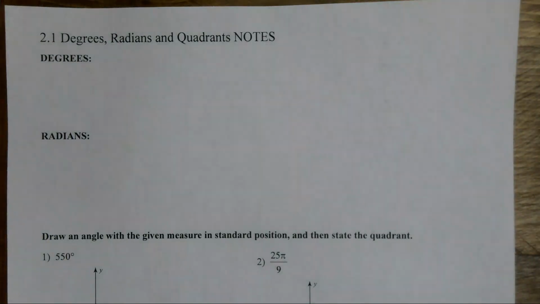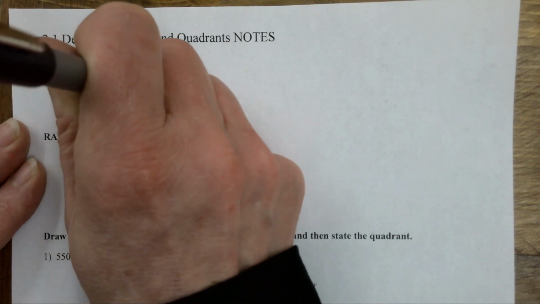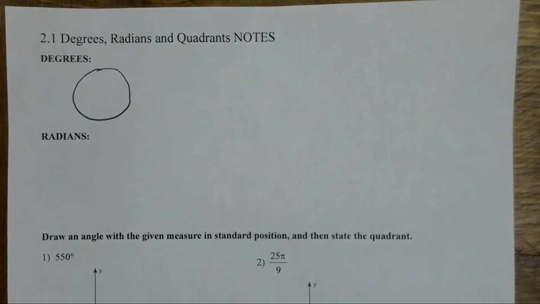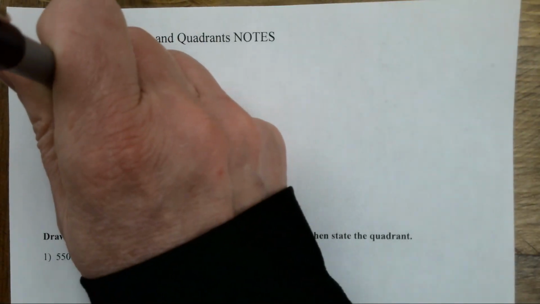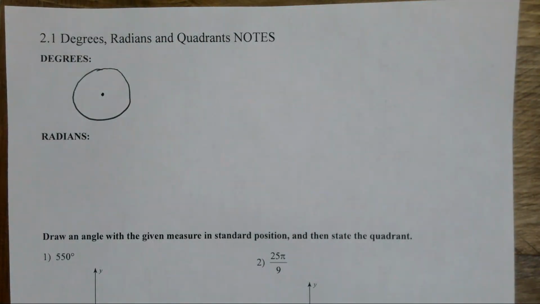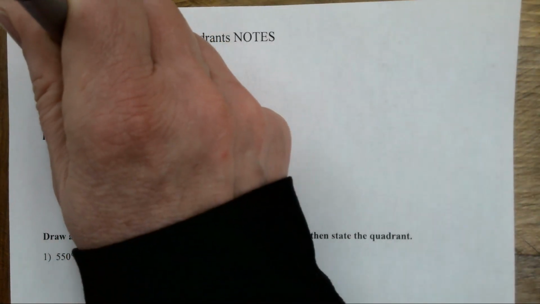So let's refresh degrees in a circle, and most of us are pretty comfortable with this. If I draw myself the best circle I possibly can, try and draw yourself a good circle. And I center my circle on a coordinate plane.